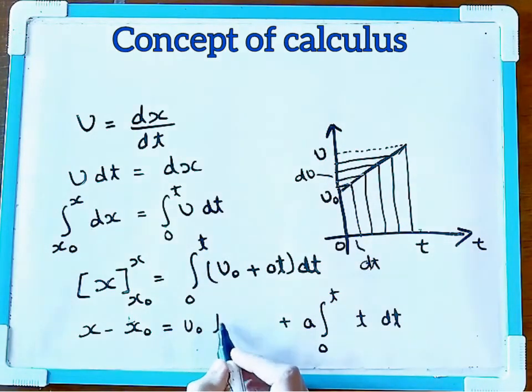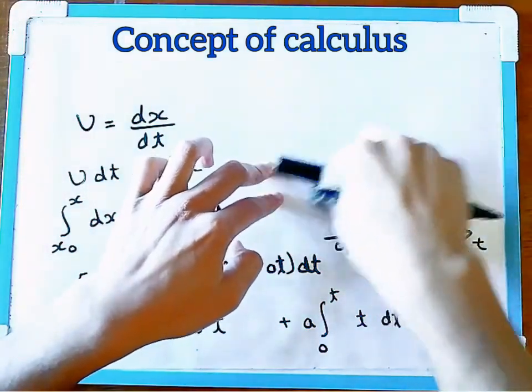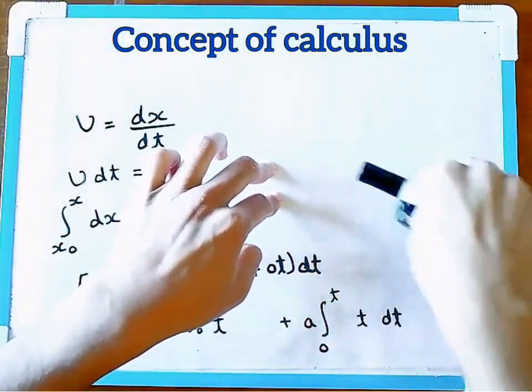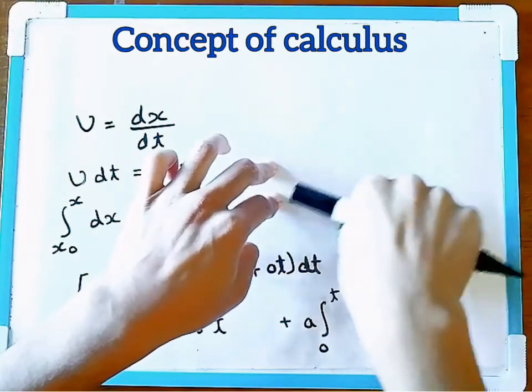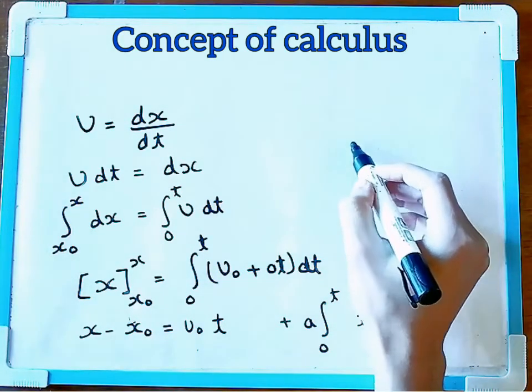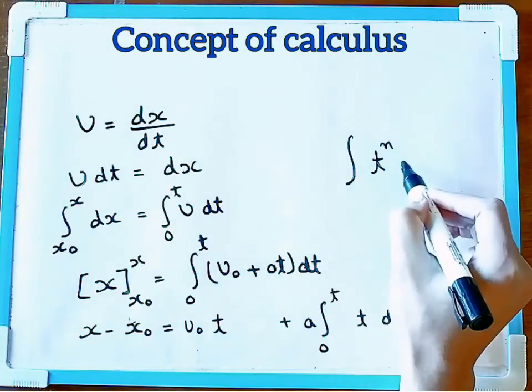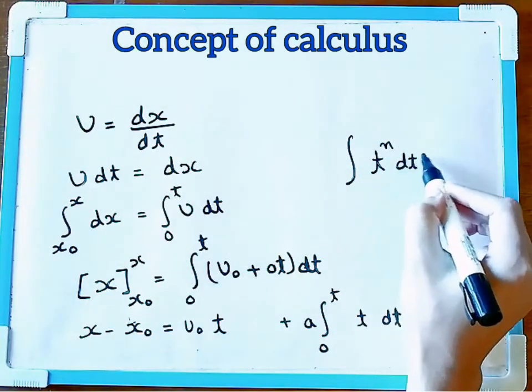Now in this case, since we have t dt, we have to use a formula. It's given as a mathematical formula. So this is the mathematical formula: integration of t to the power n dt.